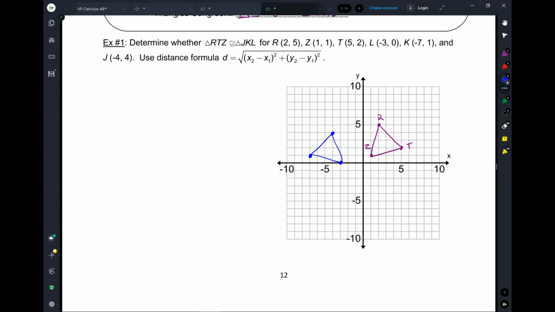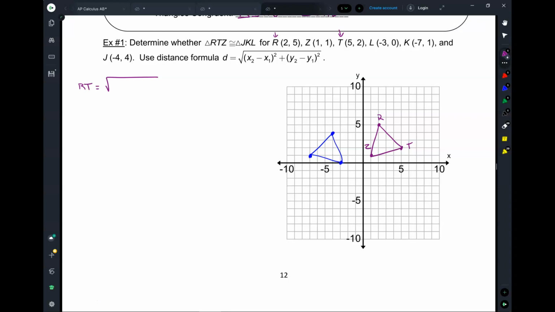Okay, so far we've learned that they're going to be congruent if all the sides are equal to each other. So what we're going to do is find the length of each of the sides. So I'm going to do the purple triangle first. All right, so let's do RT. Square root of, all right, RT. You see how I label it?